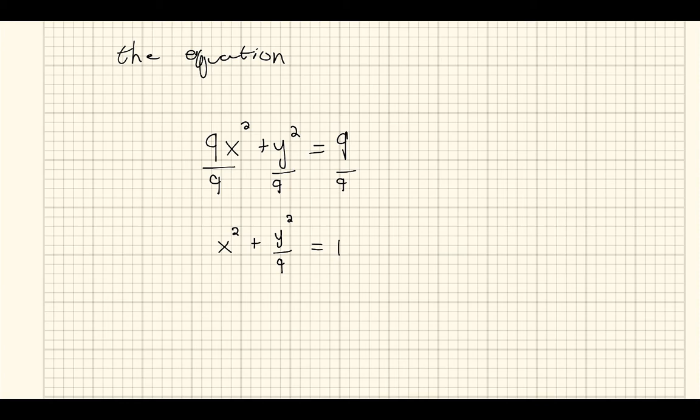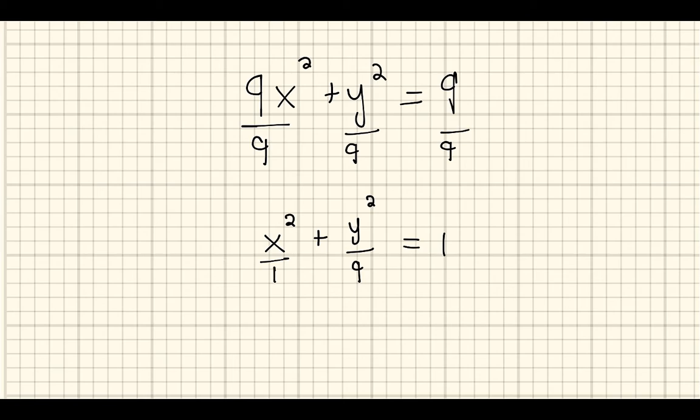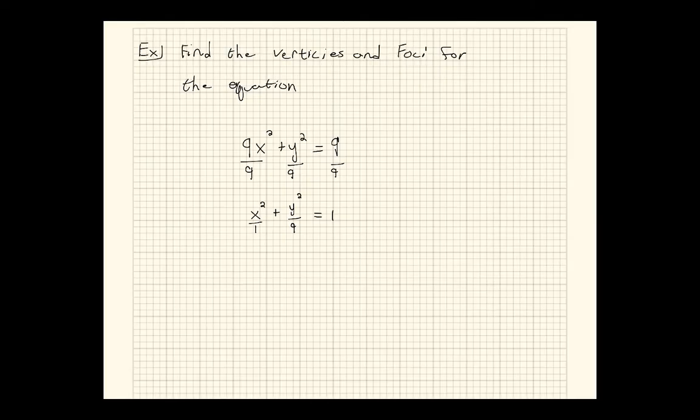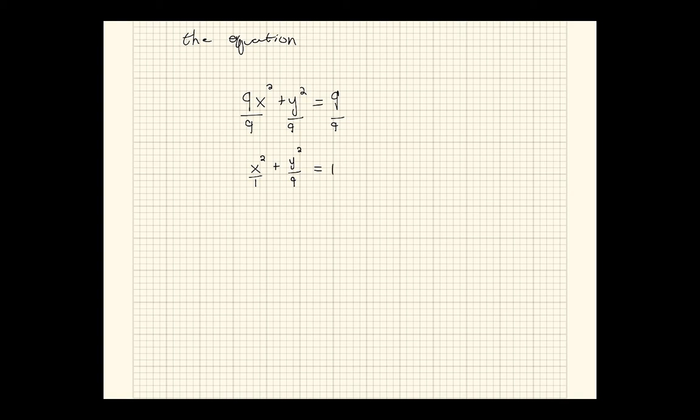Right, now, is this being stretched vertically or horizontally? Well, the number under the y is larger than, we don't see anything here. Technically, there's a 1. So think about that b as being 1. Since the number under the y is greater, it is going to be stretched vertically. Let me draw this a little bit bigger.